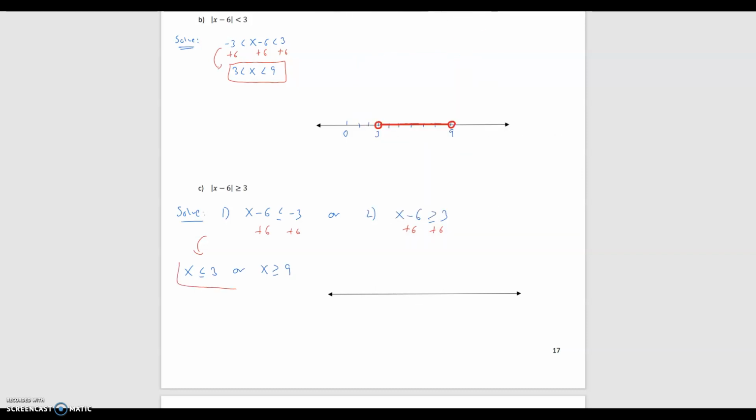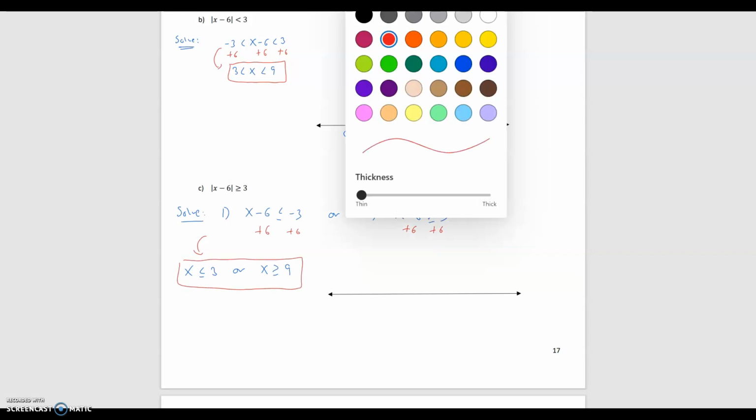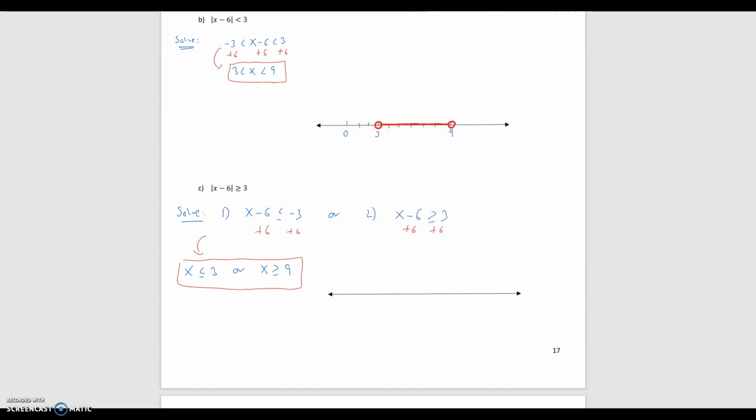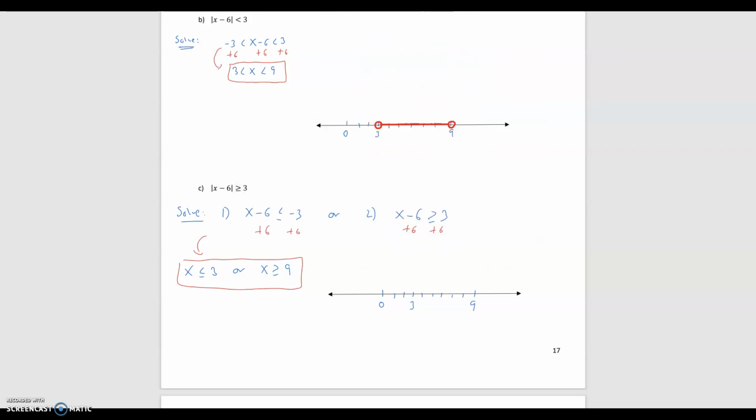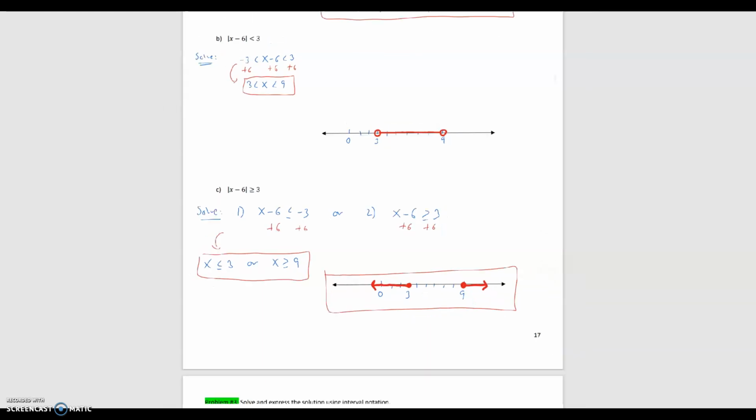And let me box these two in. So I'm just going to put 0, 1, 2, and 3. This will be 9. Now this particular one, it's a greater than or equal. So all of our solutions are going to be including 9 and towards the right, and including 3 and towards the left. So that's going to be it for this one.